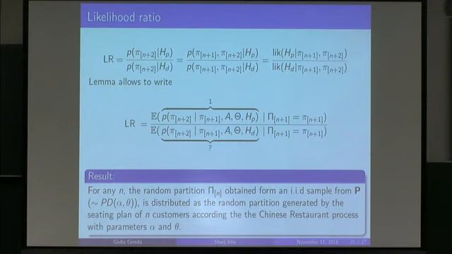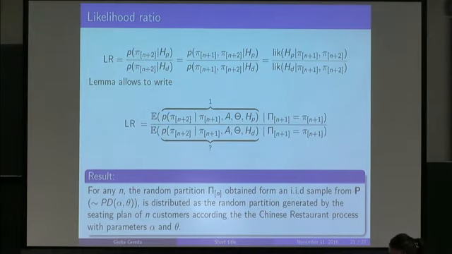So you can obtain exactly the partition distributed in the same way by observing an IID sample from P and partitioning the results, like partitioning the database, or letting n customers enter your restaurant and partitioning them according to how many people sit at each table.